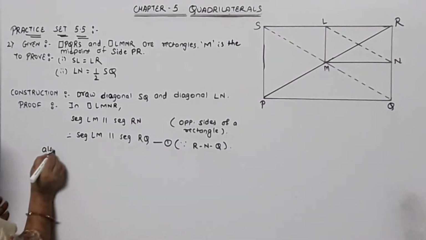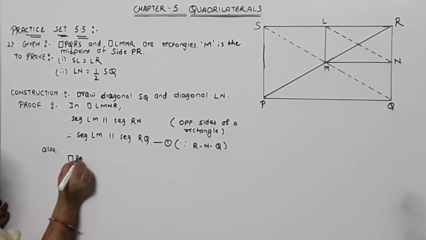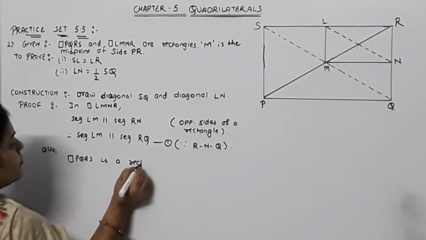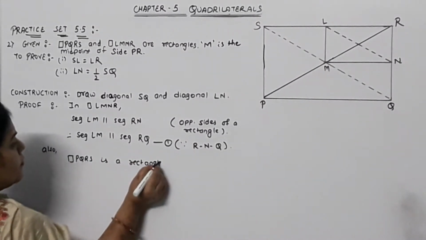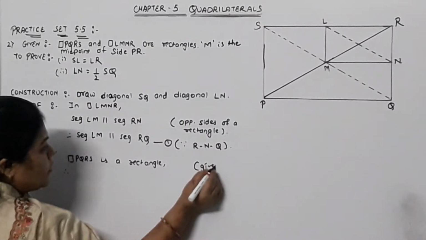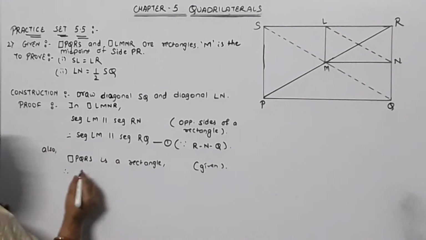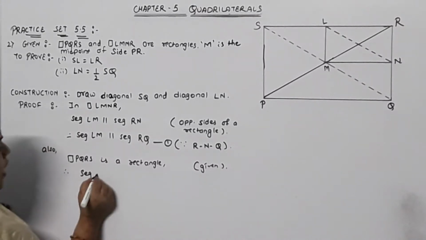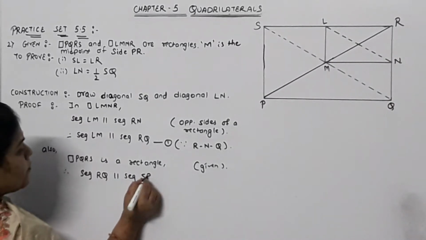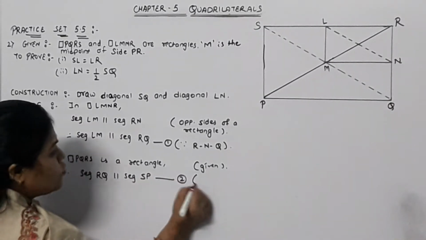Also, quadrilateral PQRS is a rectangle. Therefore, this is given to you that it is a rectangle. Therefore, seg RQ parallel seg SP. This is equation 2.